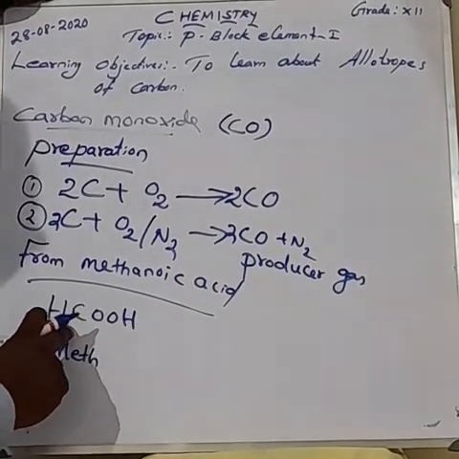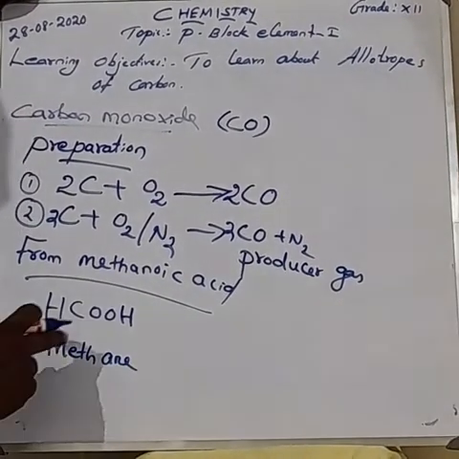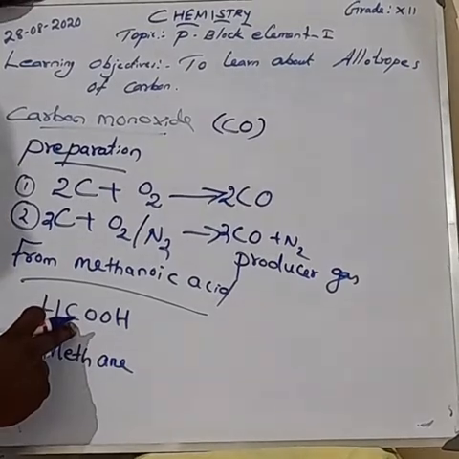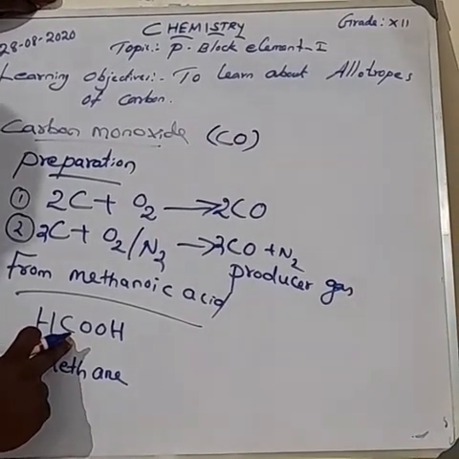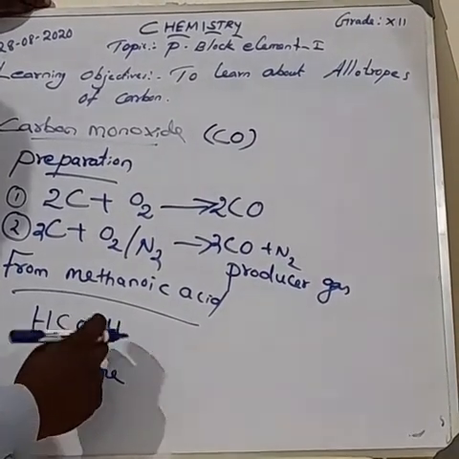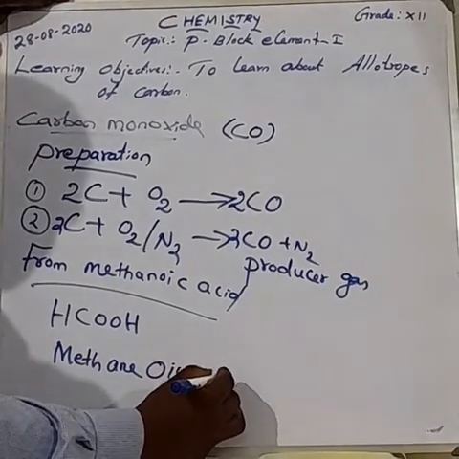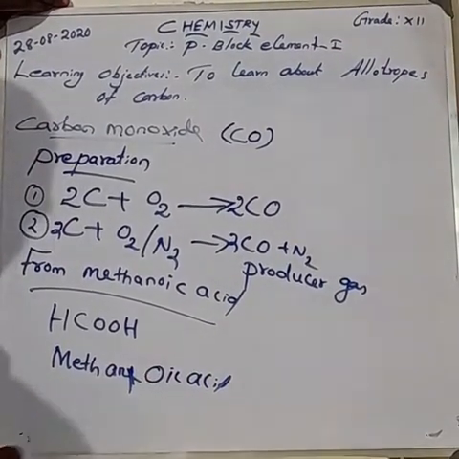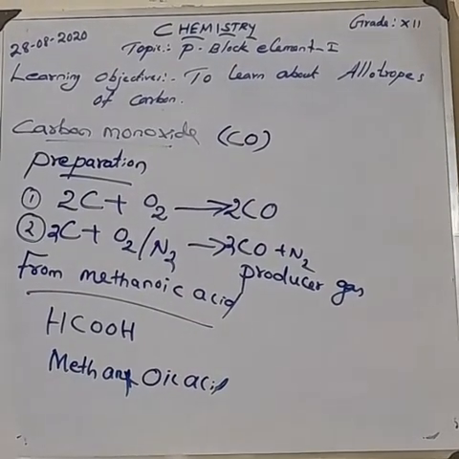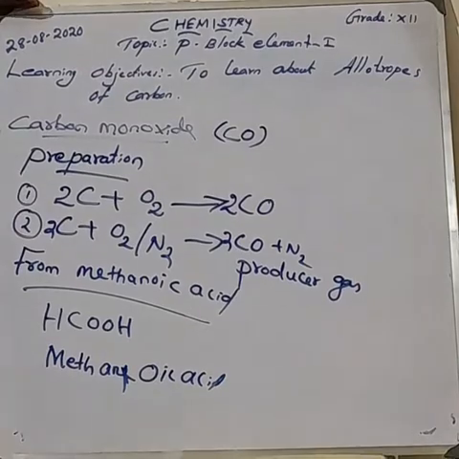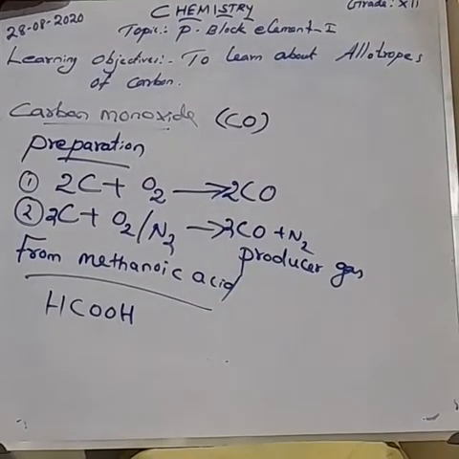All of them have single bonds, so methane. And the functional group is COOH, that is the acid group. Acid group means we derive oic acid. Here the e is dropped. So the name is methanoic acid. This is the IUPAC name.